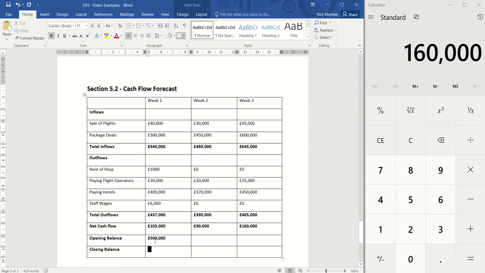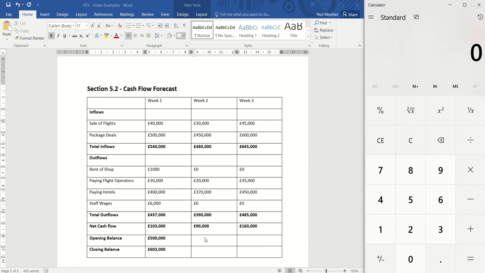So we're always given an opening balance. There should never be an exam question where you don't have one. But all we want to do to work out the closing balance is add that net cash flow to the opening balance, which gives us 603,000. That's literally all you've got to do. Add the net cash flow to the opening balance, and that will give you a closing balance.